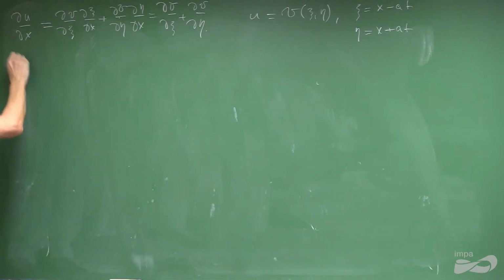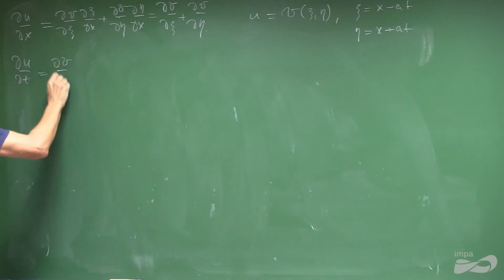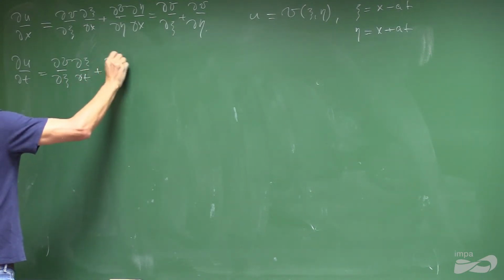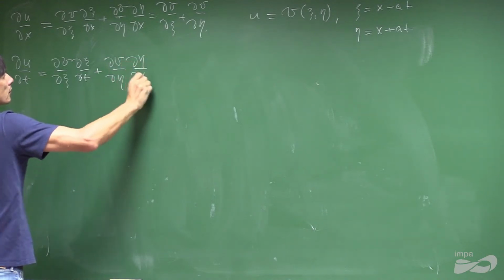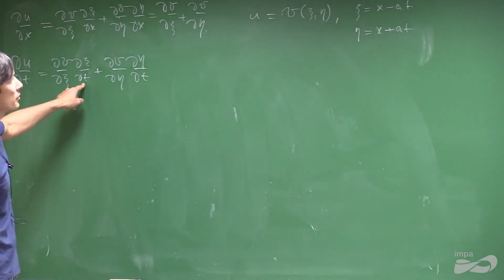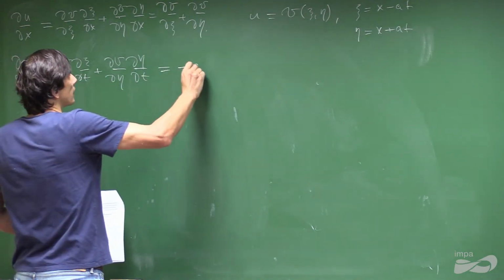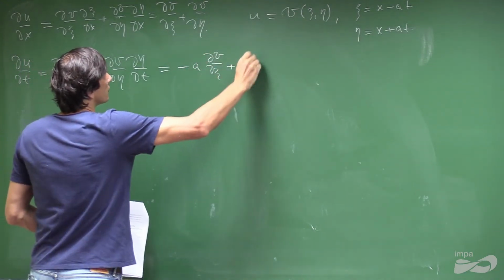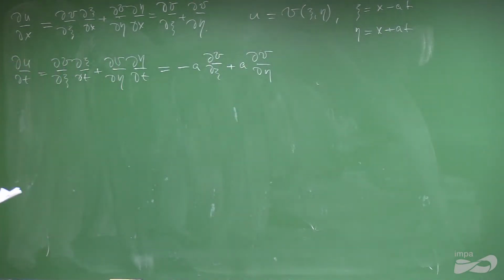The same way we take the derivative with respect to time, with the chain rule. Now the derivative of xi and eta with respect to time is minus a and a. So it will be minus a d xi plus a d eta.